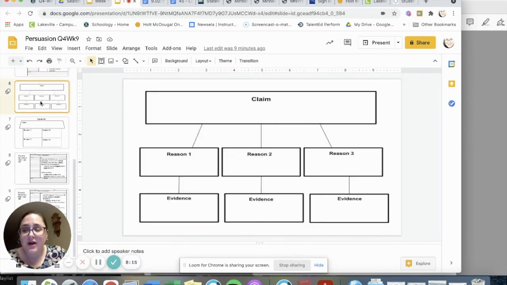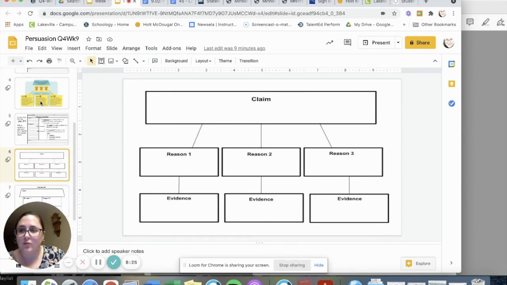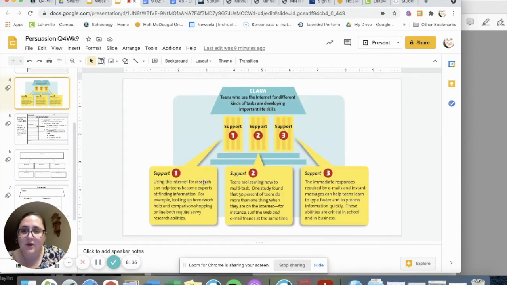All right, so we have a couple of graphic organizers here to help you guys to really visualize how a claim works and then reasons and then evidence. And this really goes back to what we were looking at in the first graphic up here. So we have our claim up here, and then it was all bundled together in this particular setup, but if we look at what we have here, using the internet for research can help teens become experts at finding information.